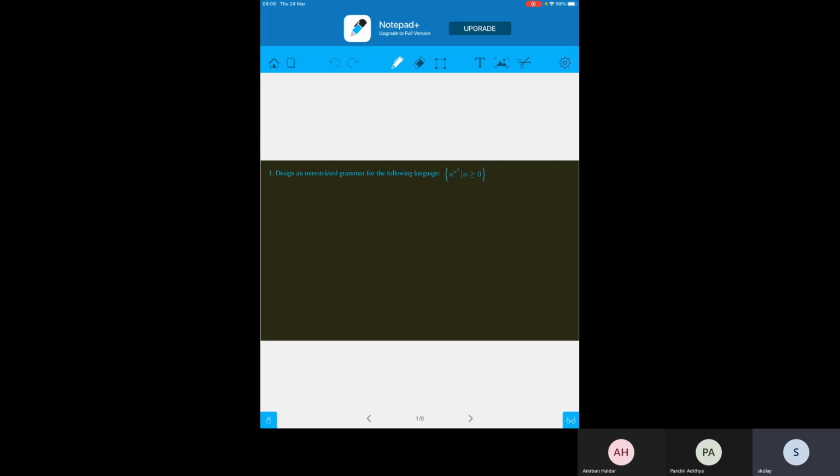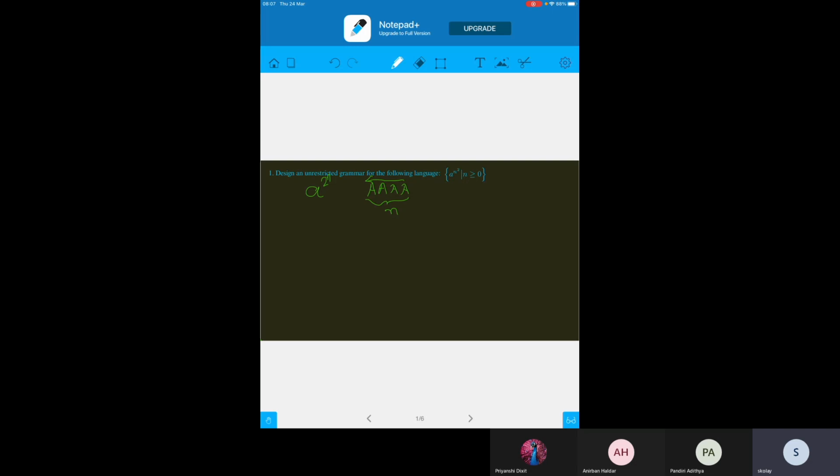For a to the 2 to the n, we had a strategy, right? We constructed n a's, and the idea was that every time I go past one, I keep doubling.